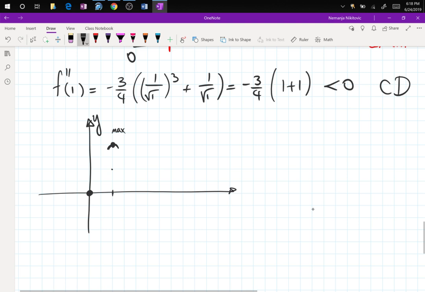We are going to have another x-intercept at 3. And that's it. So now we're just going to go up, hit the maximum, and shoot down through 3, and just let it fall.